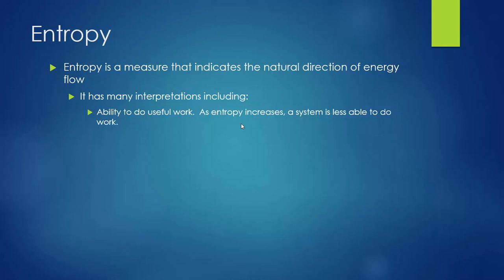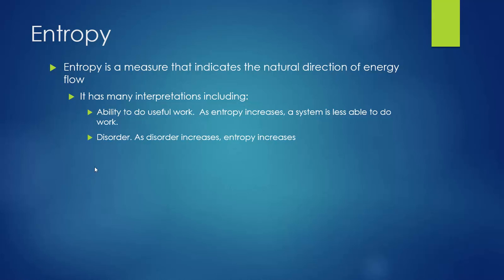Basically, as entropy increases, a system is less able to do work, and that's because work is the transfer of energy, and as time goes by, especially for a thermodynamic system, if we have a hot spot and a cold spot, the temperature tends to reach equilibrium somewhere in between. And if there's no difference in energy, then heat's not going to flow and work isn't going to happen. So the ability to do useful work goes down.